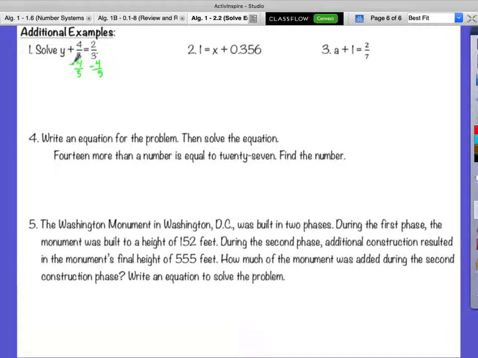Here's how we're going to write this. y stays y. What is 4/5 minus itself? 0. So we write the equal sign next: 2/3 minus 4/5. Can we subtract that right away? No. Why not? We need to find a common denominator, okay? So here's what we're going to do, class. Please stop. Thank you.